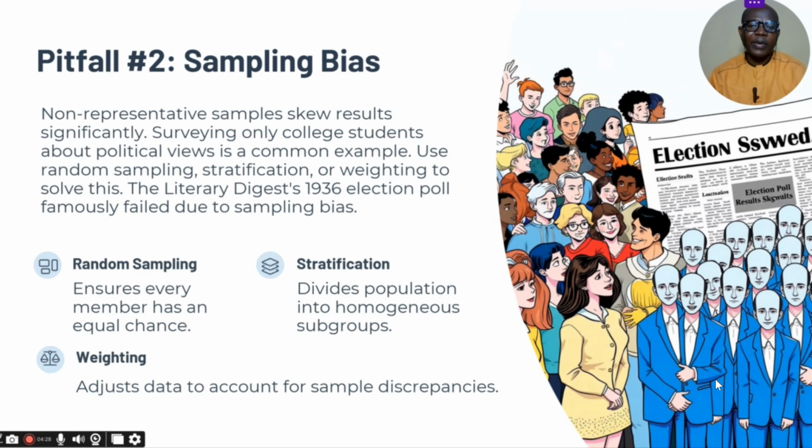And of course, there should be proper weighting. Based on the demographic proportion, we do what we call weighting to be sure that each stratum of our population is well represented. So we have random sampling, stratification, and proper weighting. With this, we're not going to fall into that pitfall of sampling bias.